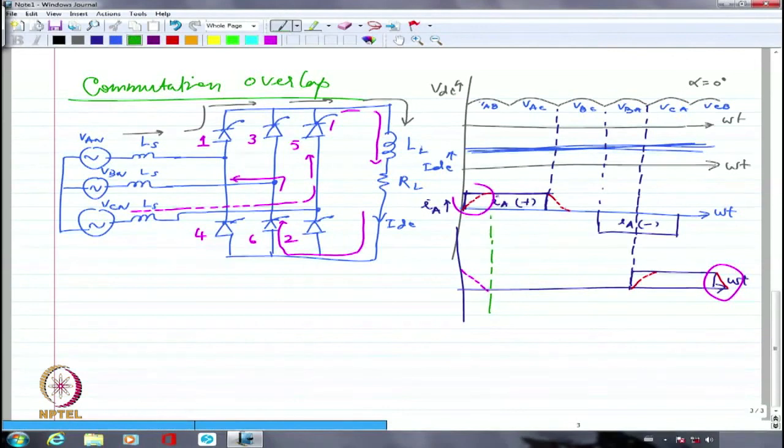So this is actually going to be the current of I5 and I1 respectively. Do you get this right?